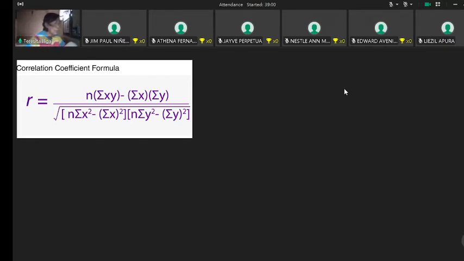This is number one. In number one, there are two questions. In part A, you are going to solve the problem using the formula. And the second, letter B, you are going to solve the problem using the continuity correction factor.